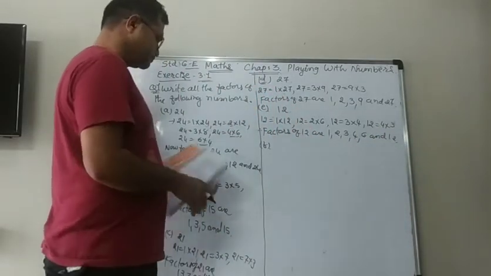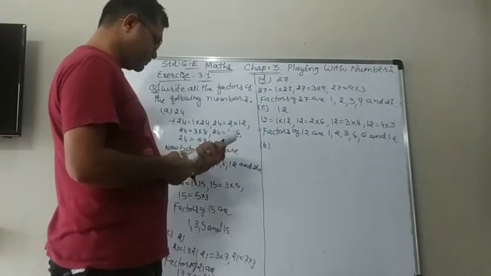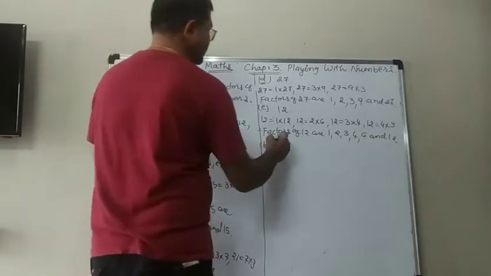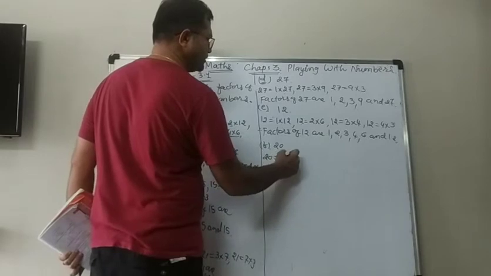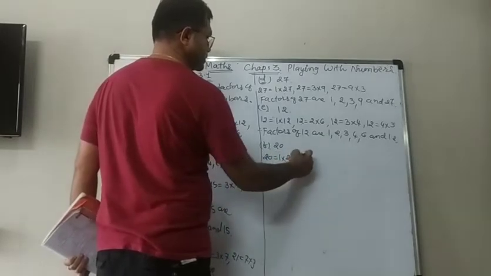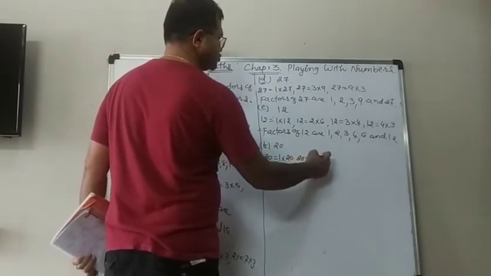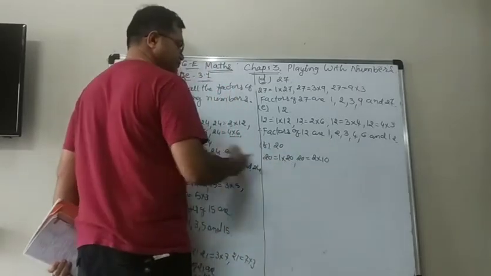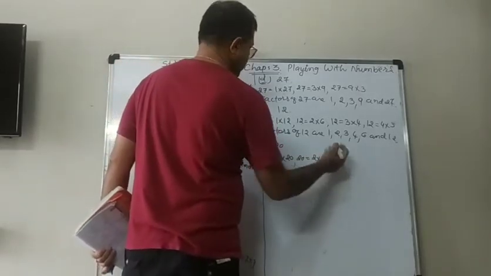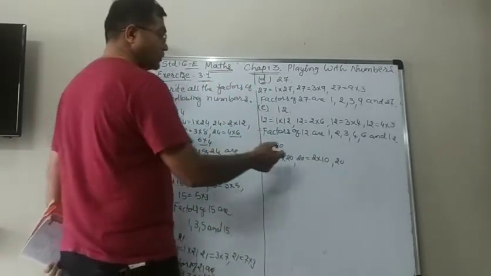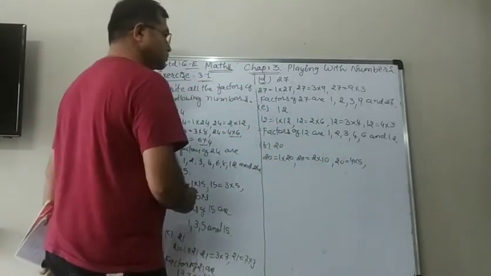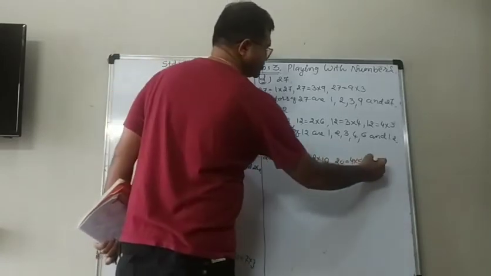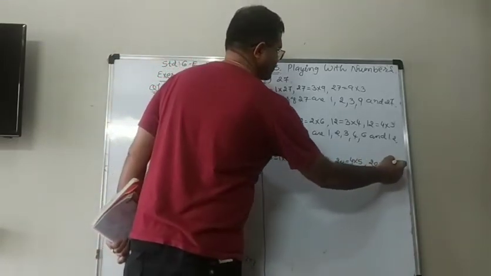Now F. In F, it is number 20. So now 20 is equal to 1 multiplied by 20. 20 is divisible by 2 also, 2 10s are 20. Not divisible by 3, but 4. 4 5s are 20. Also divisible by 5 because it is 5 4s are 20.